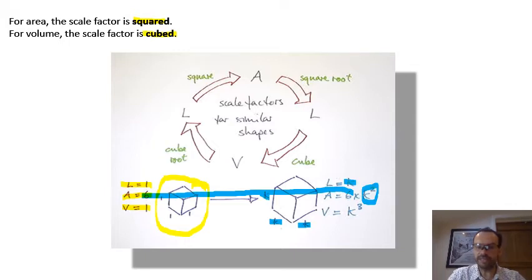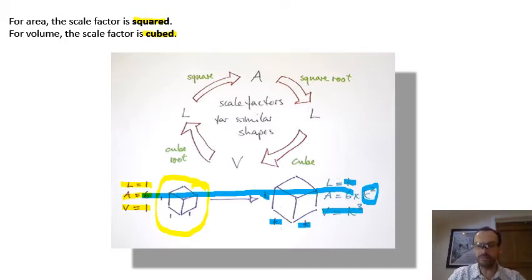And the volume, k times k times k, is k cubed. If we multiply the lengths by a number, we multiply the area by that number twice, and we multiply the volume by that number 3 times. And if we multiply by something twice repeatedly, we're multiplying by that number squared, etc.